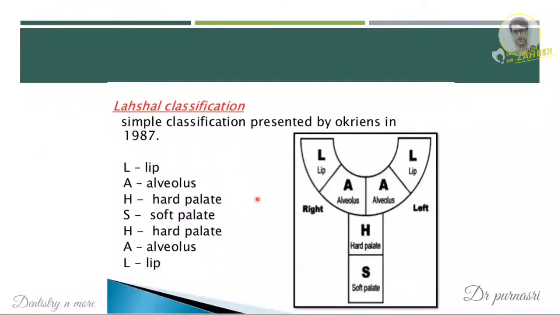When we write the classification, if there is a cleft on the left side lip, we write the first L. Then there is clefting of the alveolus and the hard palate. But if there is no clefting of the soft palate and no clefting on the right side, then we put a blank there. We write LAH and then blank, blank, blank. That is how we write the LaSalle classification.